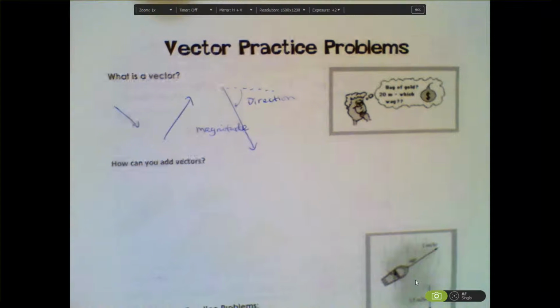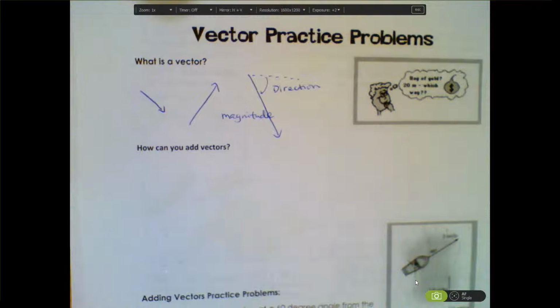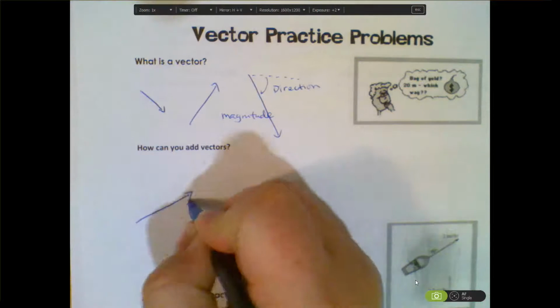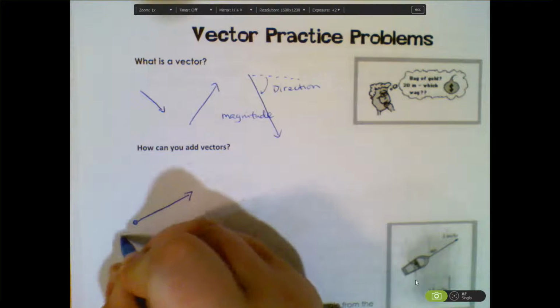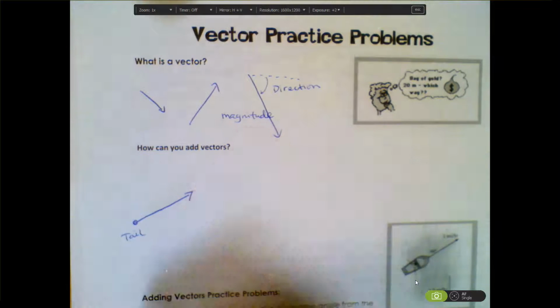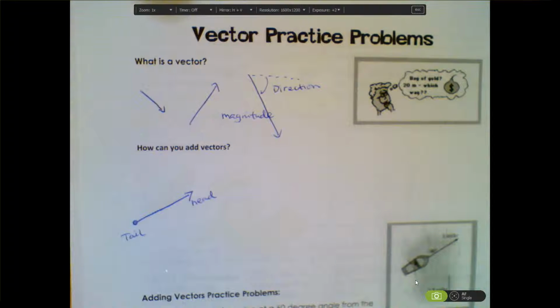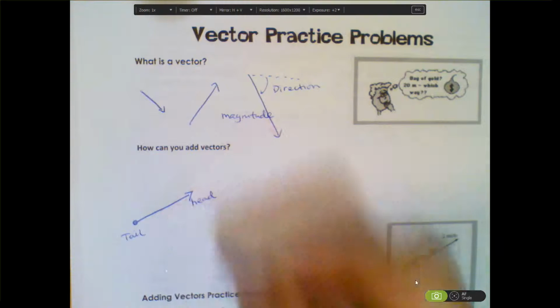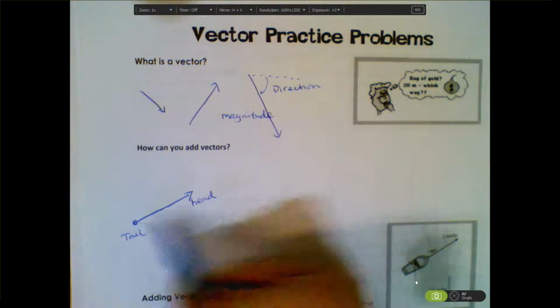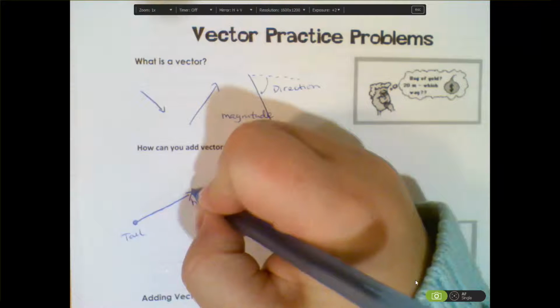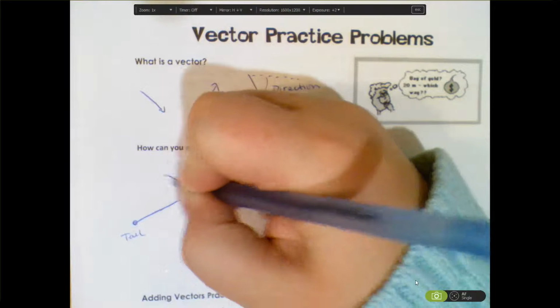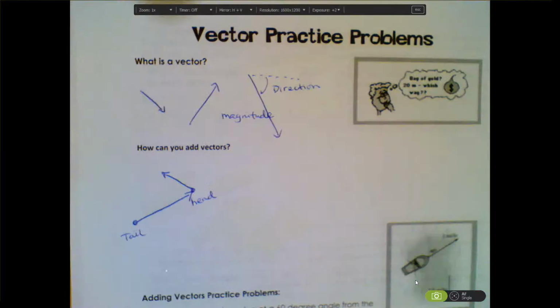We can have two vectors and we can actually add them together. In a vector, this end is called the tail and the arrow end is called the head. So if we wanted to add two vectors together, the tail of the next vector would come up against the head of the previous vector, just like so.